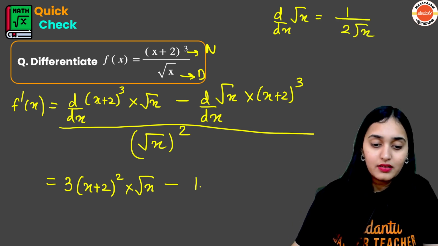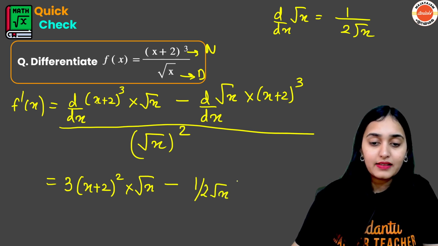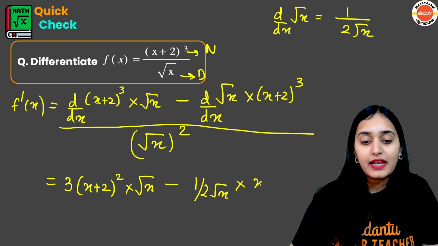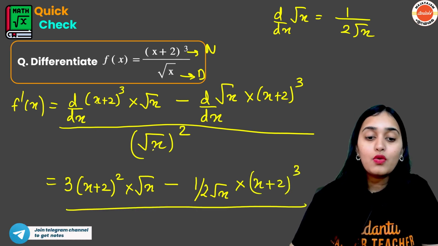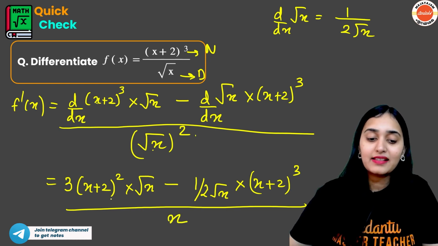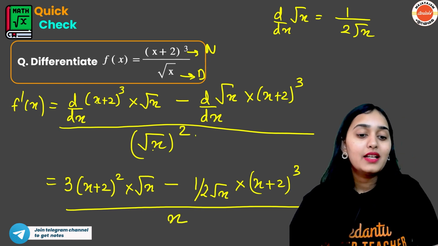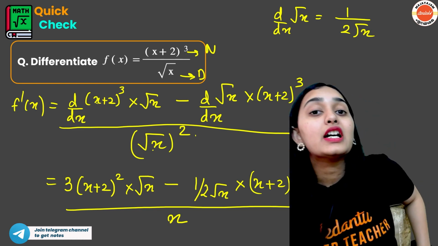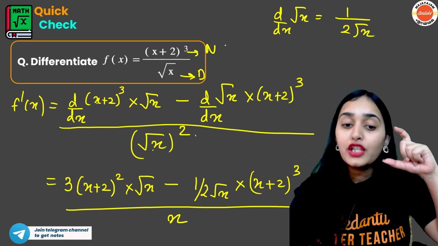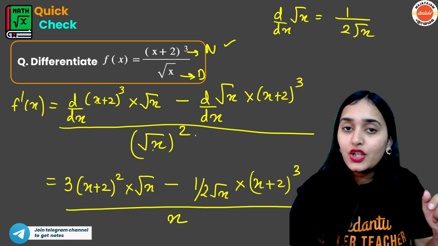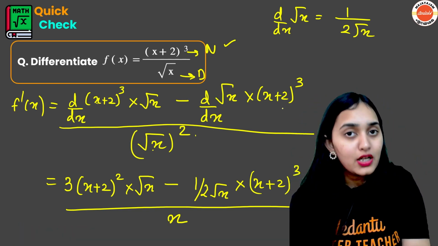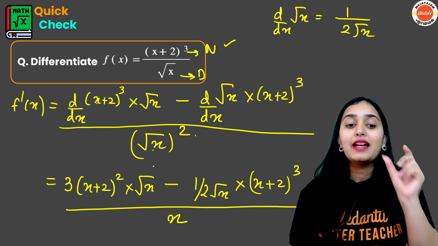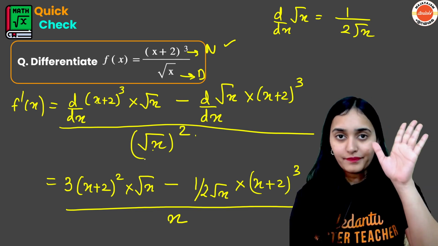So it is 1 by 2 root x into (x plus 2) whole cube, upon root x whole square, which is x. This is your answer. This is how you differentiate using quotient rule. Numerator differentiation into denominator minus denominator differentiation into numerator divided by denominator whole square.